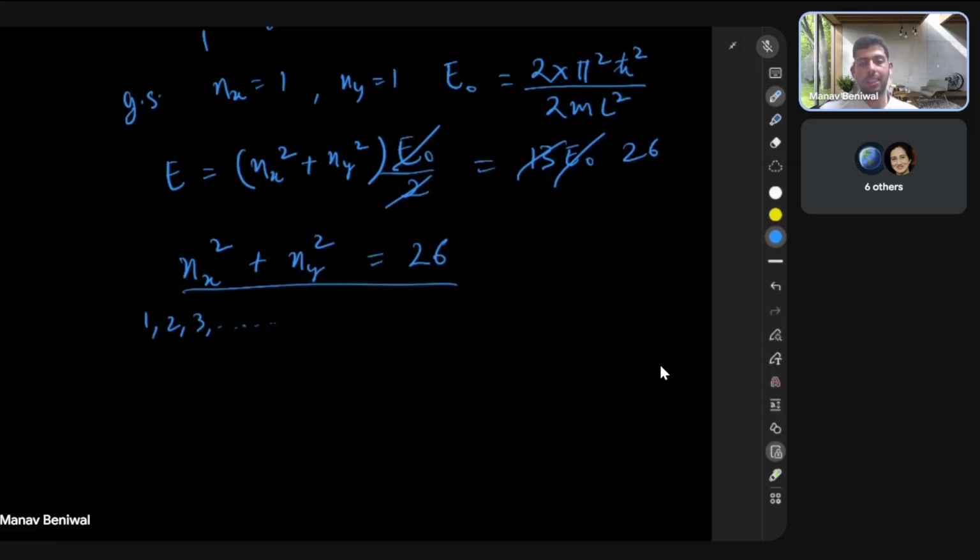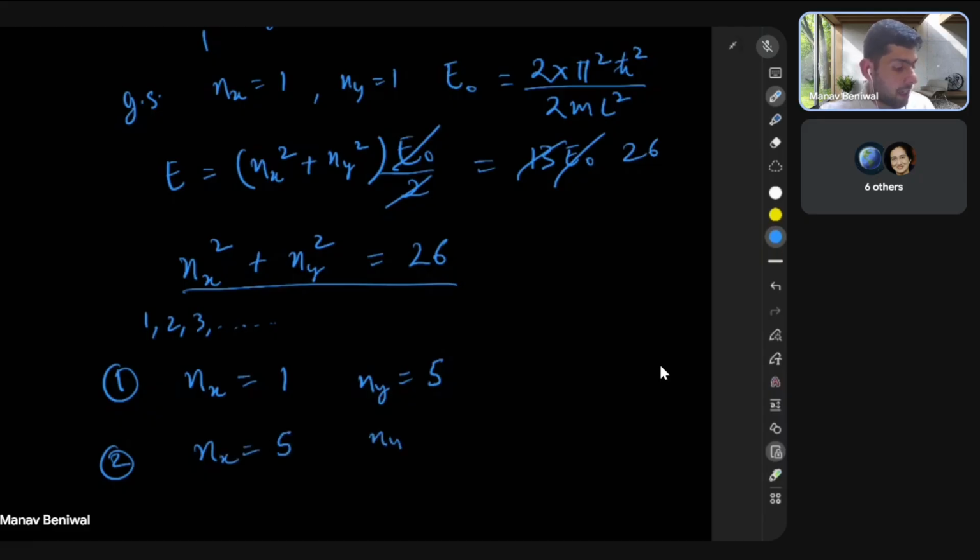There are clearly 2 ways. The first way is you put nx as 1 and ny as 5, so 1 squared plus 5 squared is 1 plus 25, which is 26. And the second way is that nx is 5 and ny is 1.